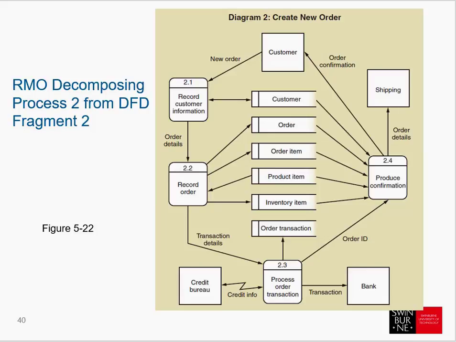Then process number 2.2 takes the order details data flow and creates a new order record by adding data into the order data entity. Then for each item ordered, the stock on hand and the current prices are searched in the product item and the inventory item entities.